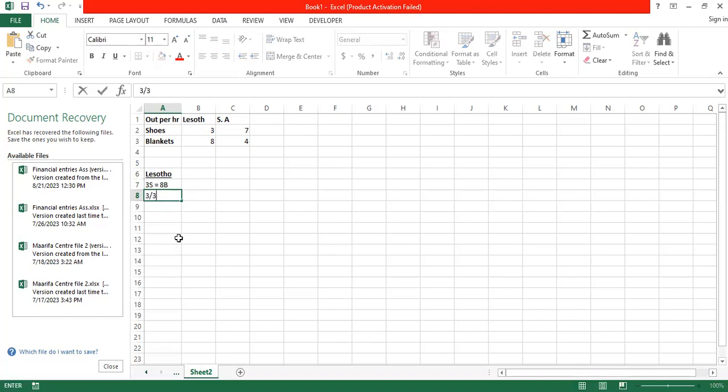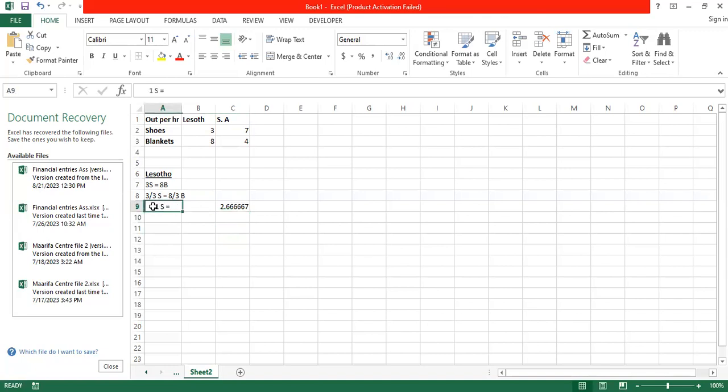So it's going to be 3 divided by 3S is equal to 8 divided by 3. We are basically dividing both sides by 3. Why? Because we want to remain with S, because we want to know what the value of one shoe, or one ton of shoes, is in terms of blankets. Hence we are dividing by 3 so that we remain with 1S is equal to something. 3 divided by 3 is 1, is equal to 8 divided by 3.